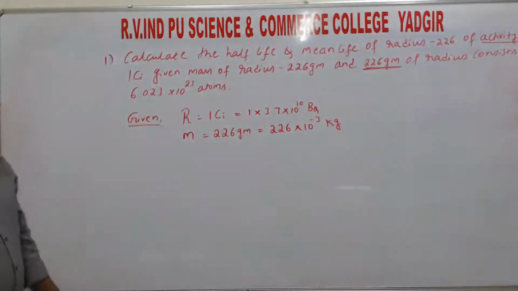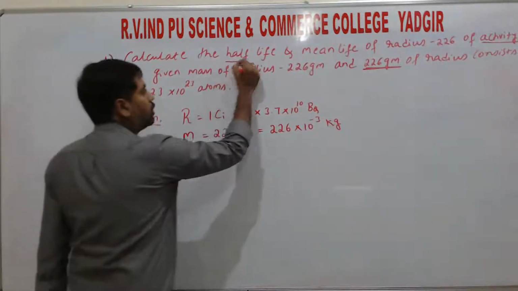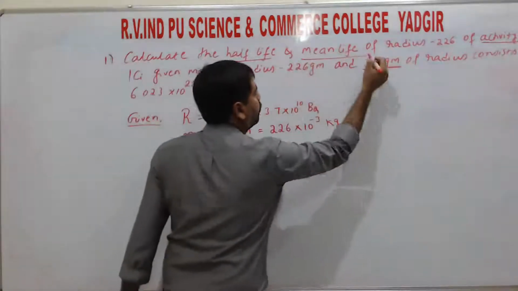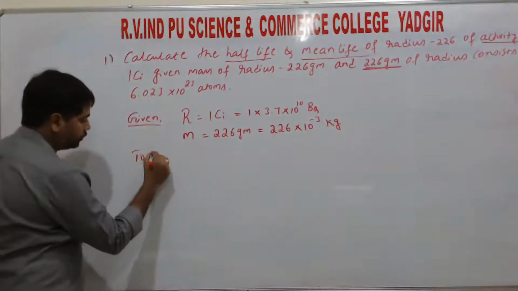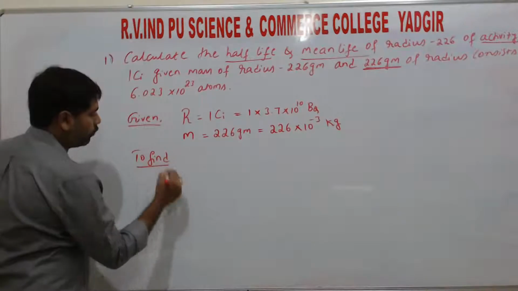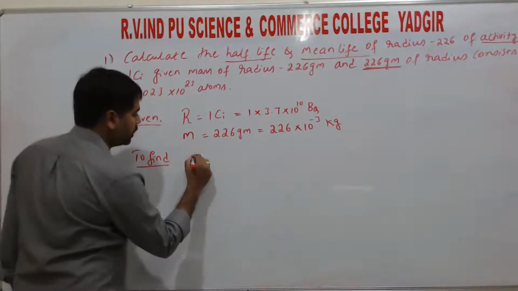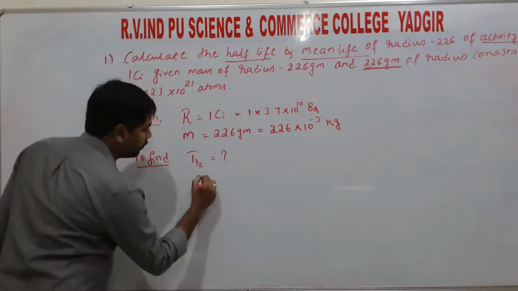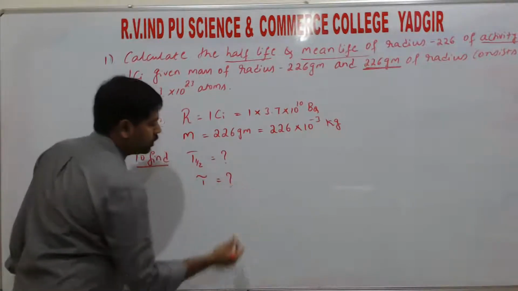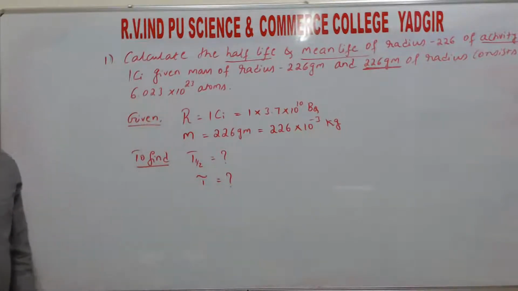Next we need to find the half-life, that is T half, and mean life, that is tau, right?